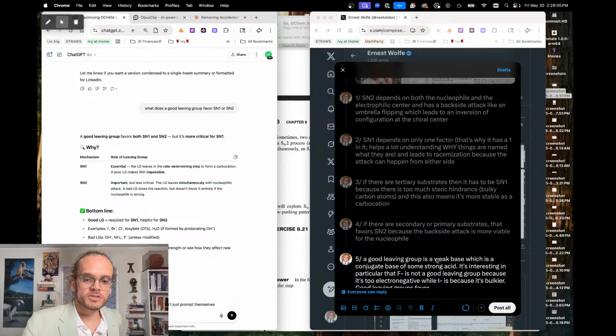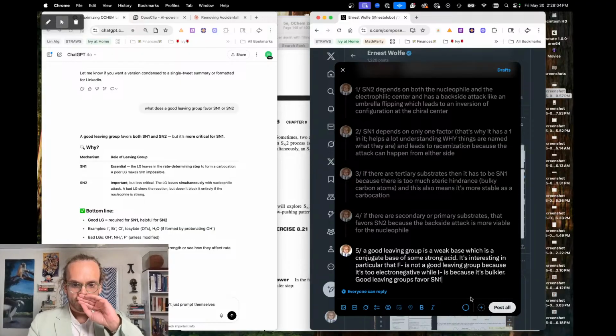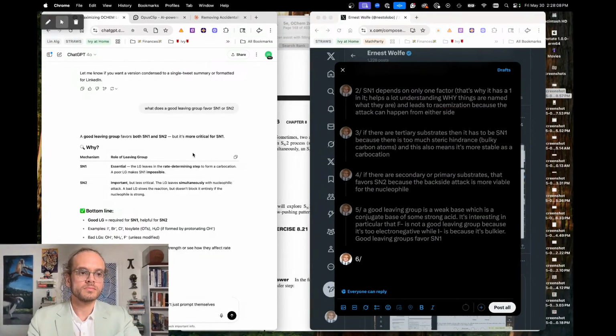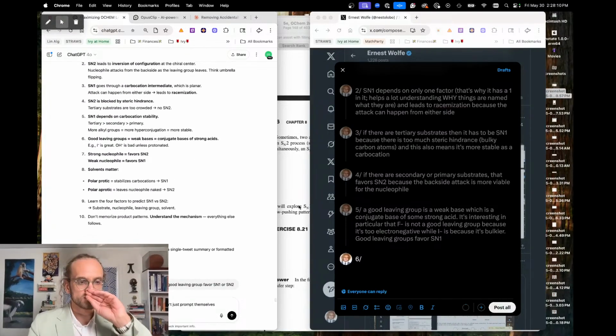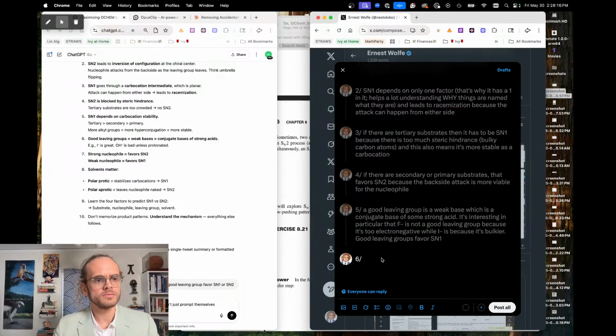It's more essential for SN1. A strong nucleophile favors SN2, while a weak nucleophile favors SN1.